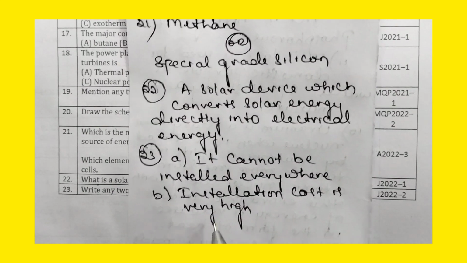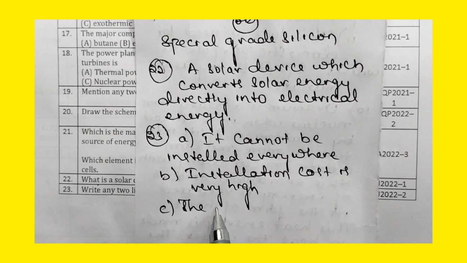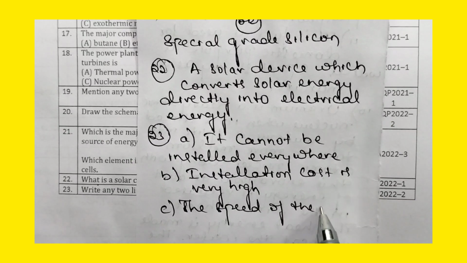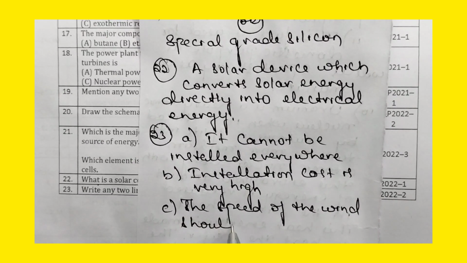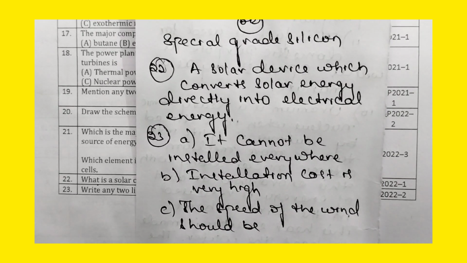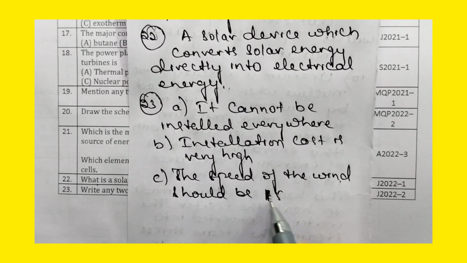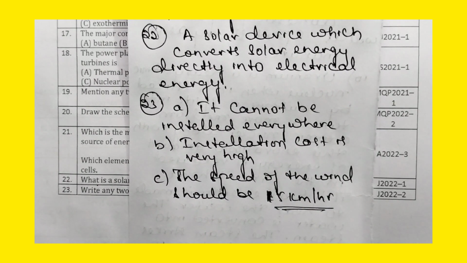And the third one is that the speed of the wind should be 15 kilometers per hour. Only if the wind blows at this speed will the fan rotate and generate electricity.